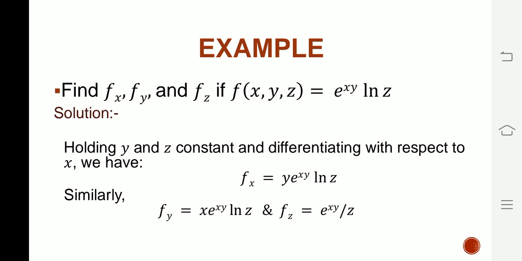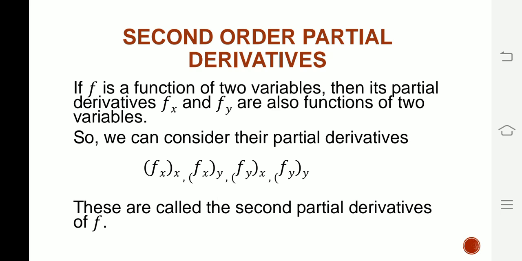Again we have to take the derivative of xy with respect to x, that means it is y ln z, as ln z is constant. Similarly, fy is equal to x e raised to xy ln z, and fz is equal to e raised to xy. What is the derivative of log? Derivative of log is 1 upon z. So it is e raised to xy upon z.